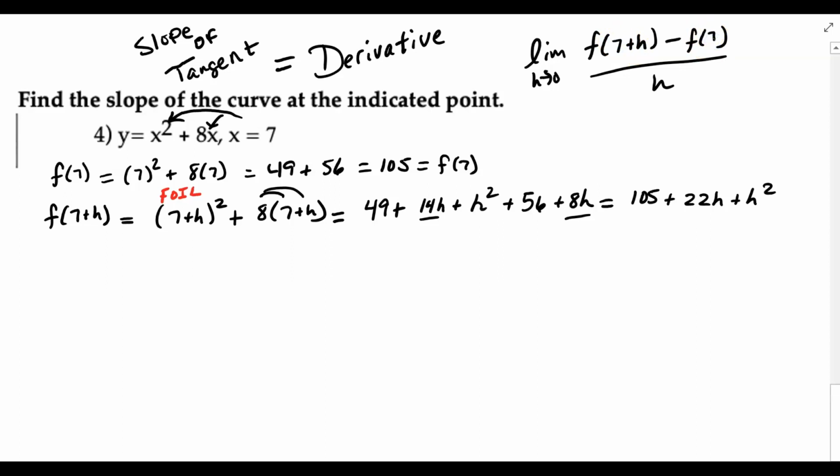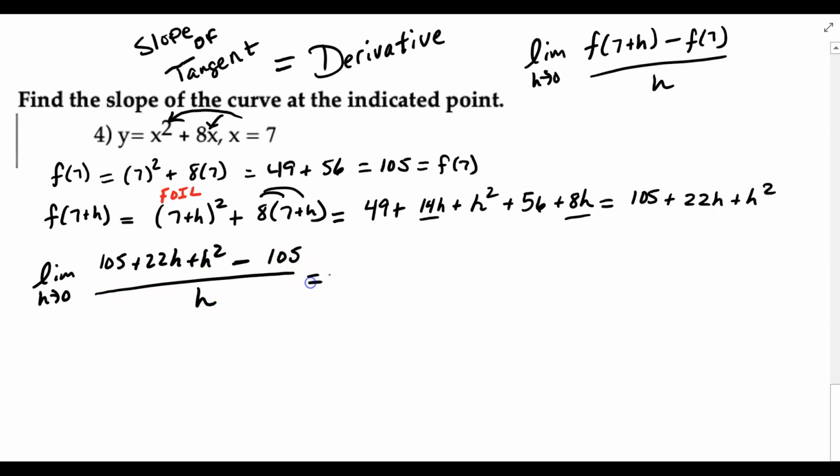So now we plug in what we know, and that is the limit as h approaches 0 of f of 7 plus h, which is 105 plus 22h plus h squared, minus f of 7, which is 105, all divided by h. That will give me my slope of the tangent. I'm going to combine like terms, and then I'm free to divide out the h. The limit as h approaches 0, I divide out h, and I'm left with 22 plus h.